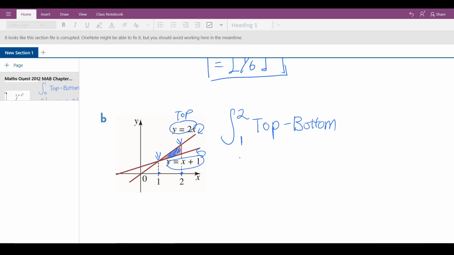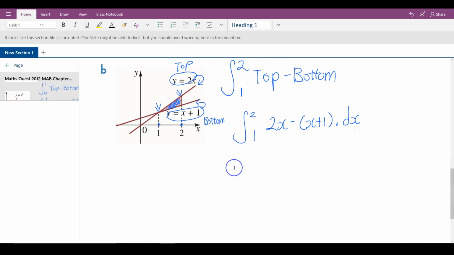Okay, so let's start. Top minus bottom, which is 2x minus (x plus 1), integrate with respect to x. Now let's expand that.